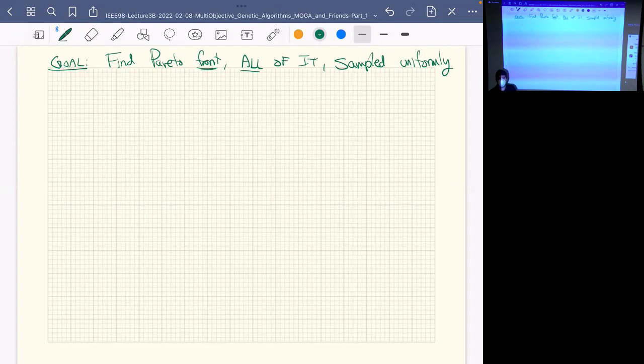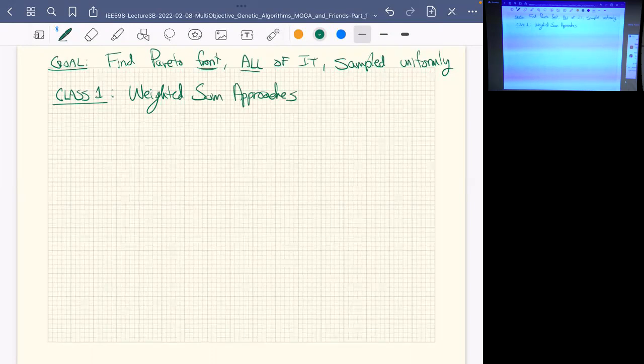All right, so there are a number of different approaches that have come up over the years. So class 1 approach, and you can find several different varieties of this, are the so-called weighted sum approaches. That's what I'm kind of classifying them as. And so in the weighted sum approaches, it's a traditional GA for the most part.